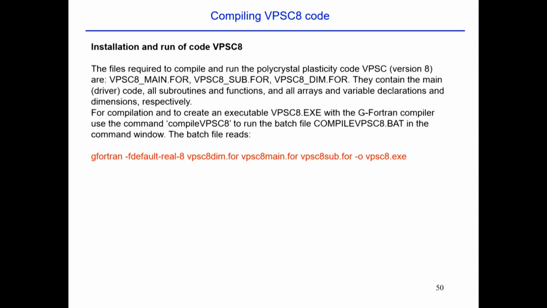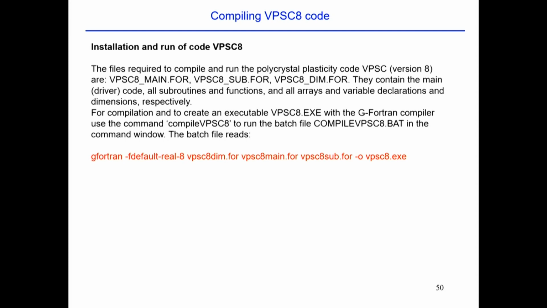To start with, I think that you have already been able to compile the code. I hope. Have you done that? If not, you have to run this command to compile it with G-Fortran. Does everybody have the compiled code? Who doesn't have it?